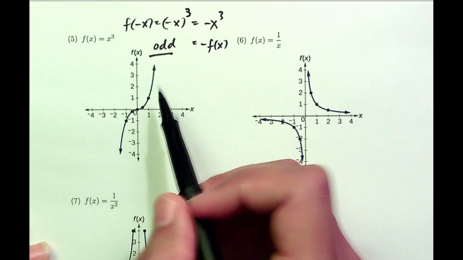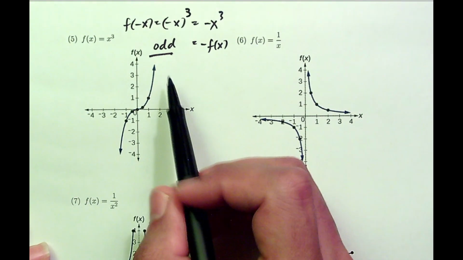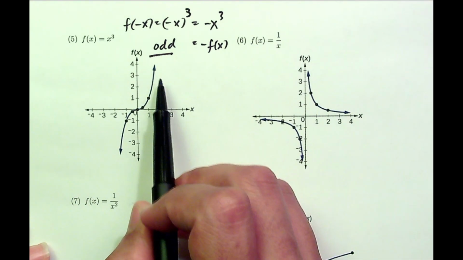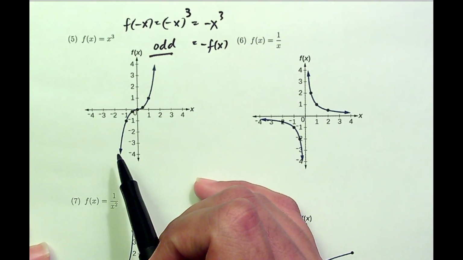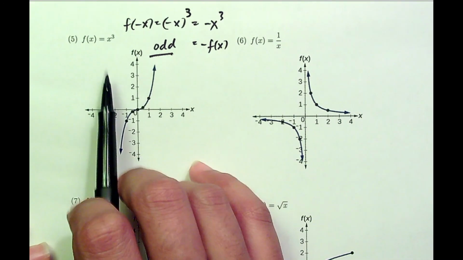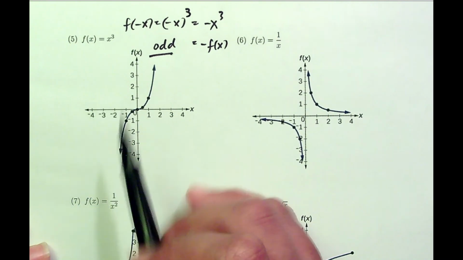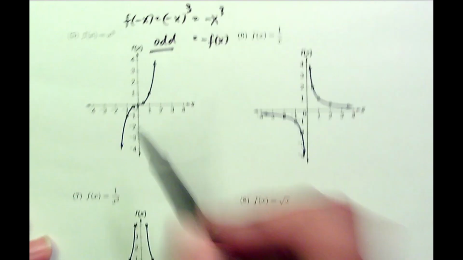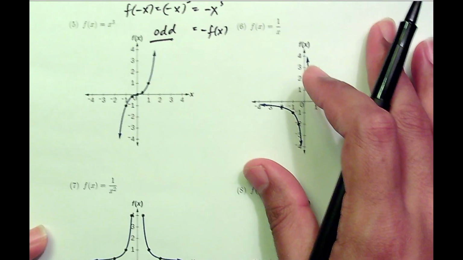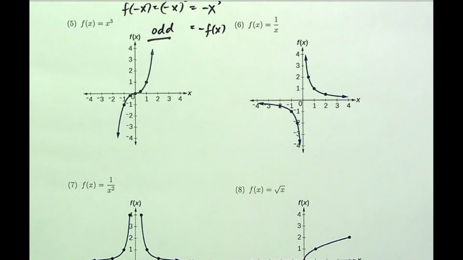If you look at the image of the graph, the piece in the first quadrant is a double reflection of the piece in the third. If you reflect to the second and then from the second to the third, you get mirror images. We call that symmetry about the origin. So that one is odd.